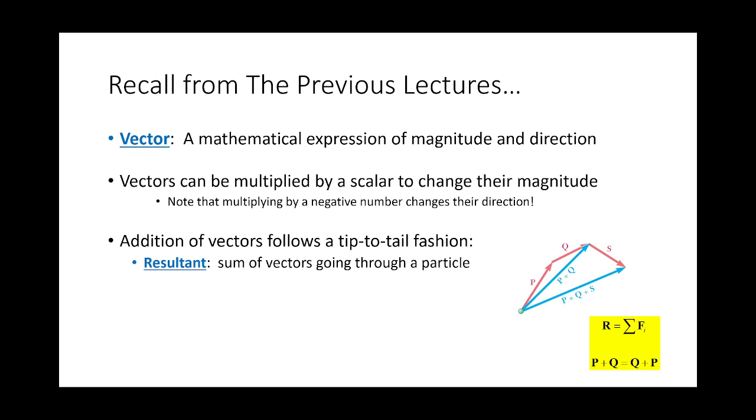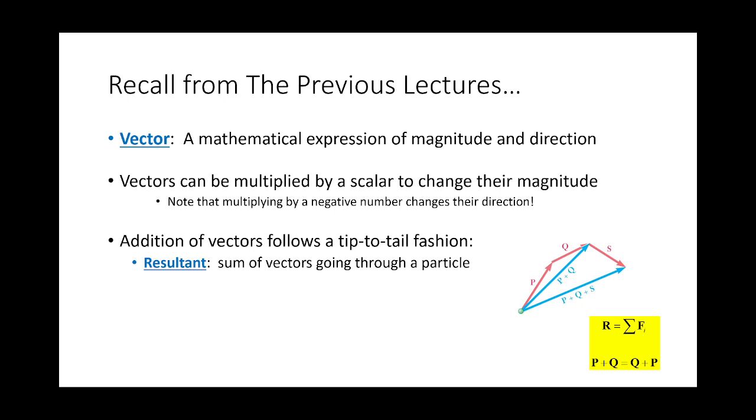Now, to recall what we've been talking about, I think by now we all know the definition of a vector: an expression or object that contains both magnitude and direction. I want to focus more heavily on this second bullet, that vectors can be multiplied by a scalar to change their magnitude. If I have a vector p and multiply it by 3, it's the same vector, the same orientation, just with the magnitude augmented by a factor of 3.